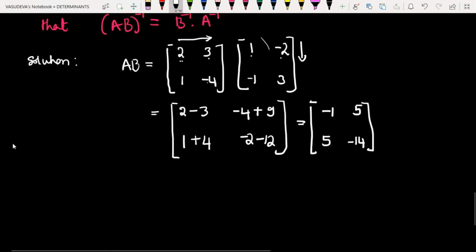To find the inverse of AB, because the property says the inverse of AB, we need to find the inverse of AB, because what is the formula? What is the formula of A inverse?